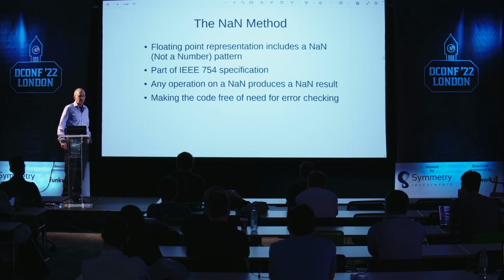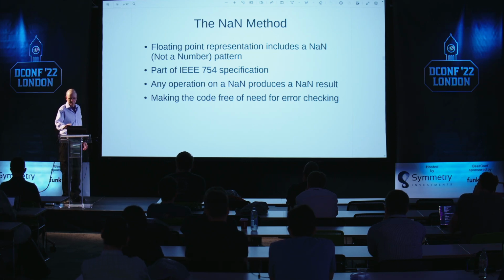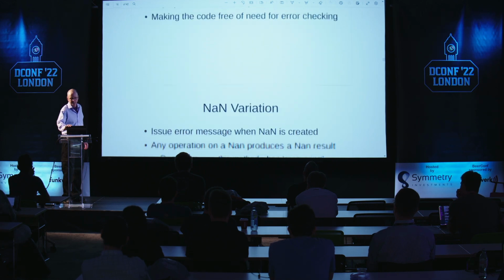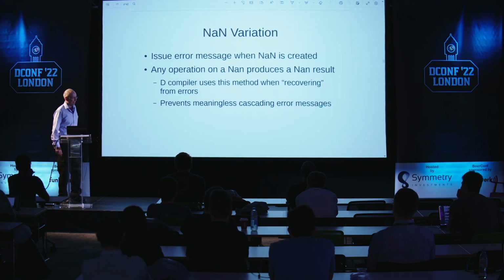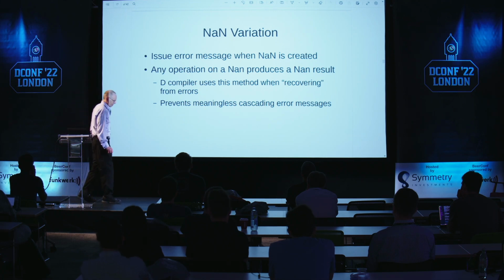It is part of the IEEE 754 specification. And like I said, a lot of people don't like it, but I think it's brilliant. It also makes the code free of a need for error checking. Okay, a variation on NaNs is used in the D compiler.